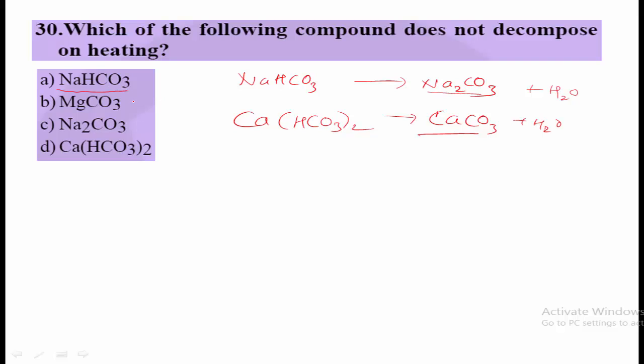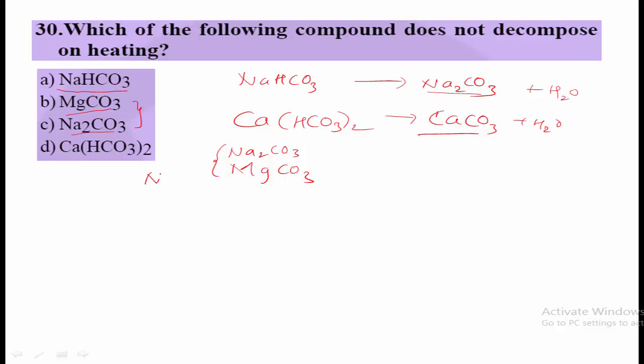Now the problem is, along with the Na2CO3, they have given MgCO3. Now among these two, which one will undergo decomposition on heating? Among MgCO3 and Na2CO3, which one is having more electropositive nature?